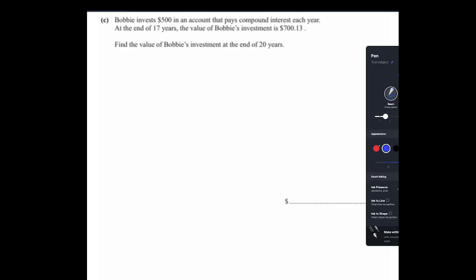So write the equation here. The value of Bobby's investment is $700.13. So the investment amount will be principal into 1 plus r by 100 whole raised to 17 will be equal to 700.13.